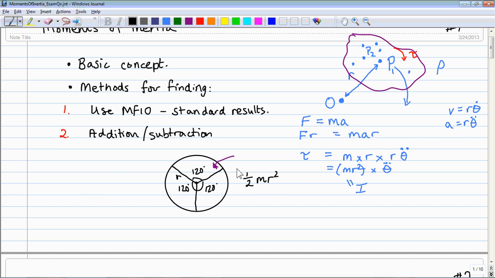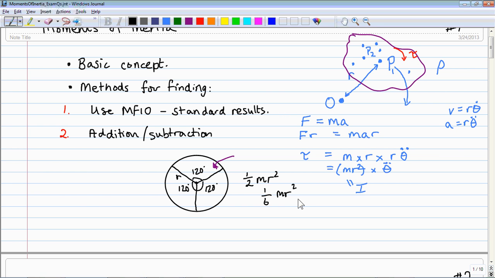So if we wanted to find the moment of inertia of just this 1/3, I hope you can see it's obvious that the answer must be 1/6 mr squared, because each one of the 3 thirds of the circle is equivalent. And therefore, if we add them all together, they must make up 1/2 mr squared. But since each one is equivalent and they have the same moment of inertia, that proves that each 1/3 must have moment of inertia 1/6 mr squared.